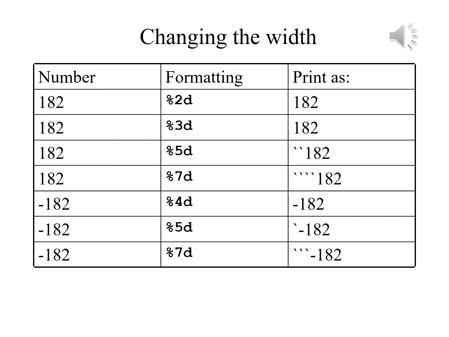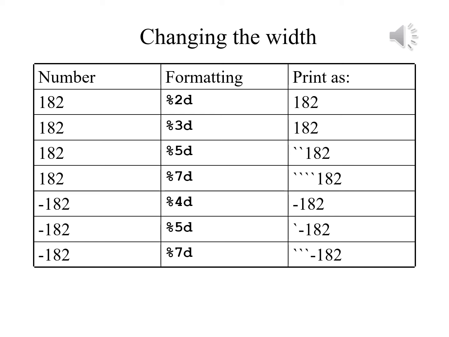You'll see here a table with 3 columns. The first for a number, which in the first 4 lines is 182, and the last 3 are -182. Various formatting for printing an integer in decimal format, and how it'll print out. 182 with formatting %2d, we're allowing at least 2 spaces for it.